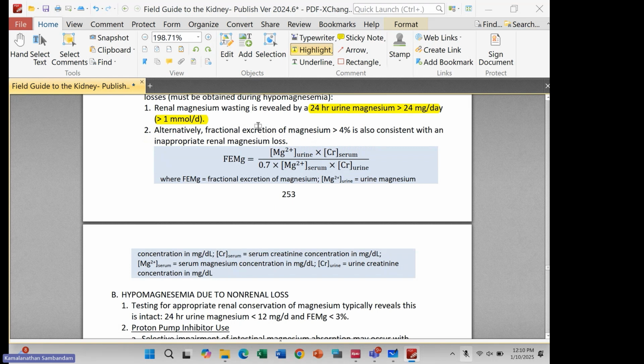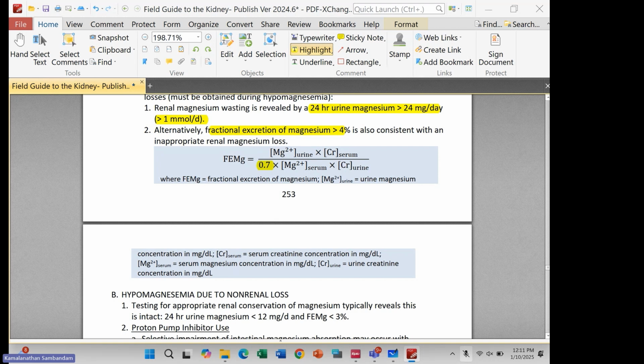And then fractional excretion of magnesium is another biomarker. We've used fractional excretion of sodium, fractional excretion of phosphate, now fractional excretion of magnesium. Notice that in this formula that I've provided to you, there is this correction factor. This refers to the fact that magnesium circulates bound to various species, including albumin.